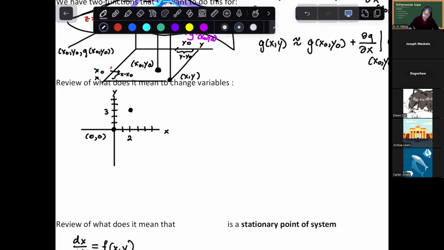Can you see that I could do another coordinate system, which I'm going to call x tilde, y tilde? Now in this other coordinate system, I'm going to look at the point right here.